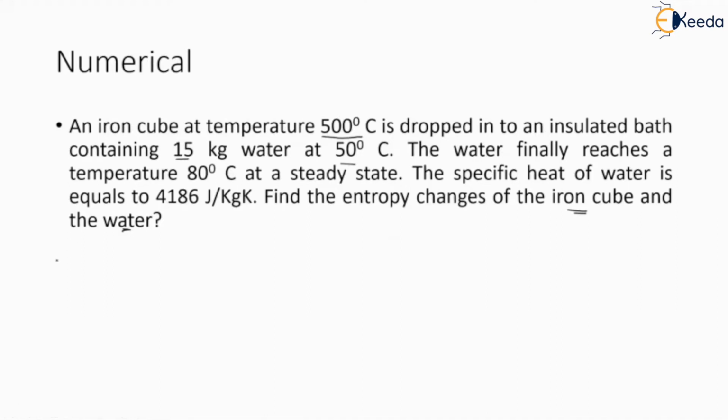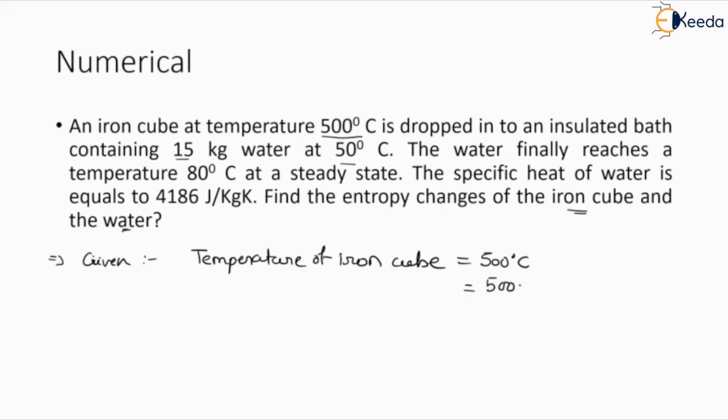So first, we will see the given terms. What are the given terms? First we will write down all the temperatures. First, the temperature of the iron cube is given as 500 degrees Celsius. If we convert this into Kelvin, it will be 500 plus 273, so 773 Kelvin.